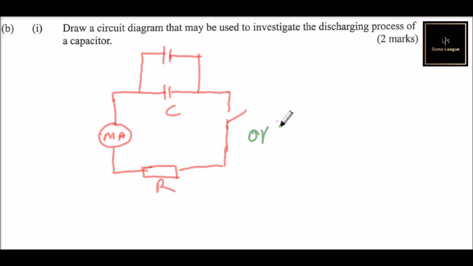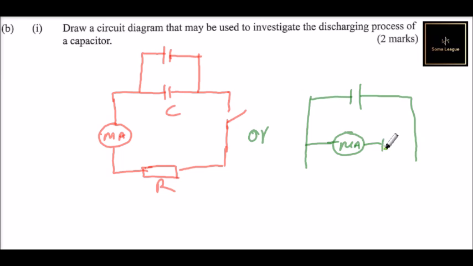Again, we can also connect it like this. So we have that. We put our source of power here. Then we bring it down here. We connect other lines here. Here is where we connect the milliammeter, and then we have our capacitor here.